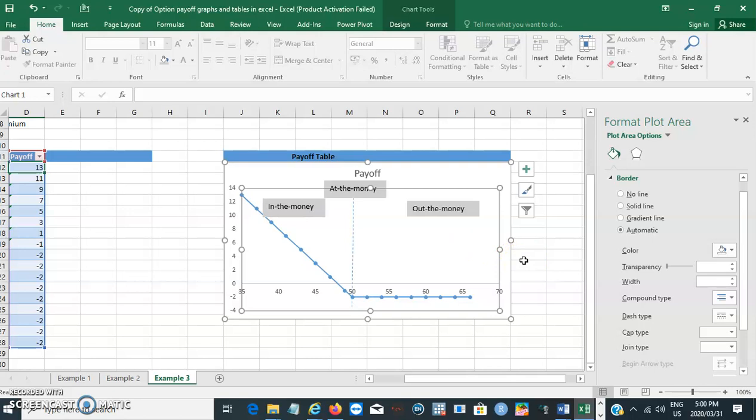But I hope this brings us to a better understanding of how these option graphs and tables are constructed, and in understanding issues around moneyness and how we can portray that on a graph and the meaning thereof. Because on the x-axis what we have is your spot price of the underlying, and on the y-axis what you have is the payoff, which is the profit that one can earn from entering into an option contract.